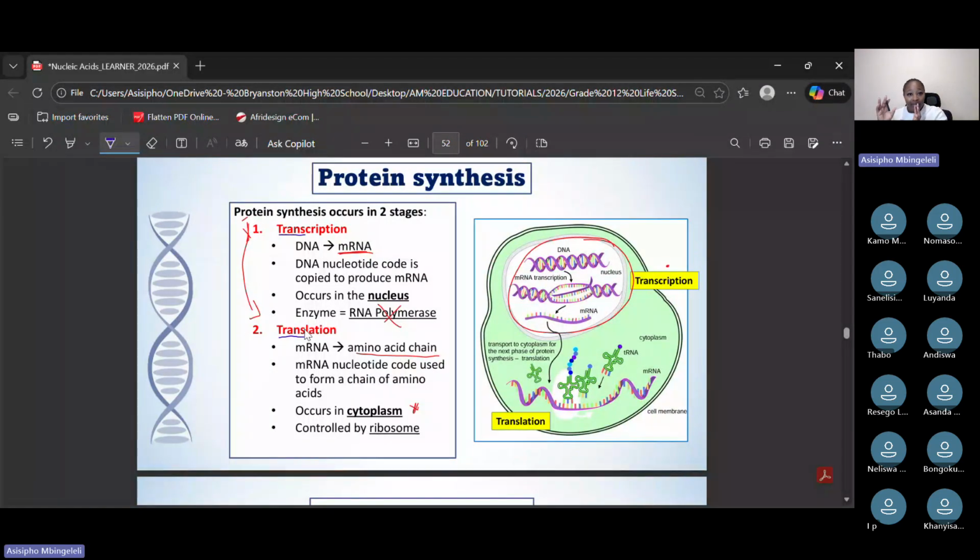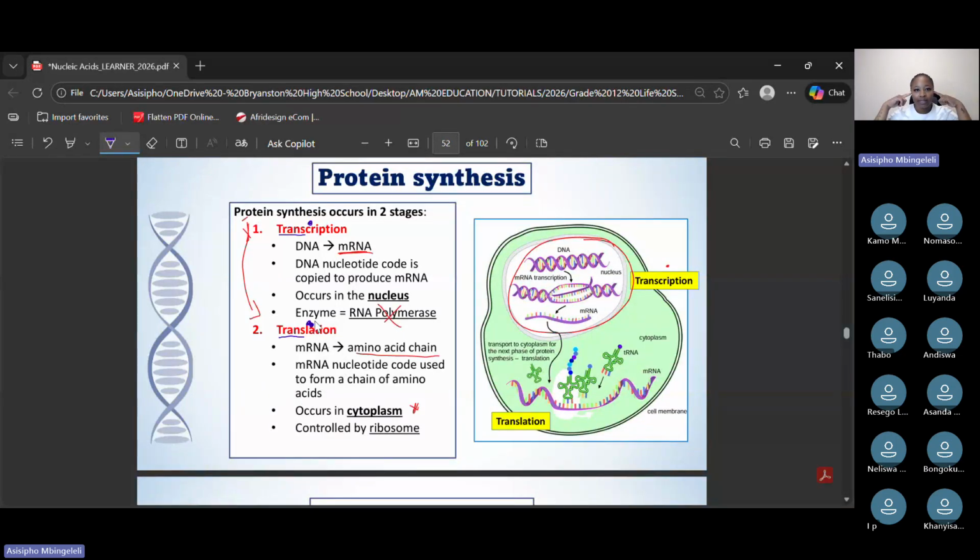Those first 5 letters for both processes are the same. But now let's look at the letters that come after trans. Because in a test, you can write them both down and then you follow this strategy. If we look at the letters that come after trans, in transcription, the letter is C, and then in translation, the letter is L.